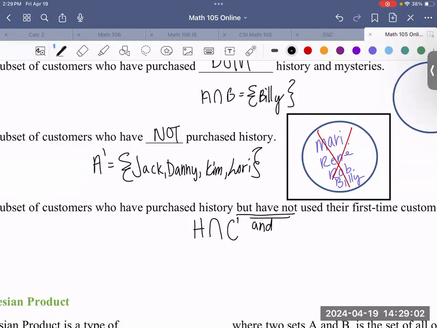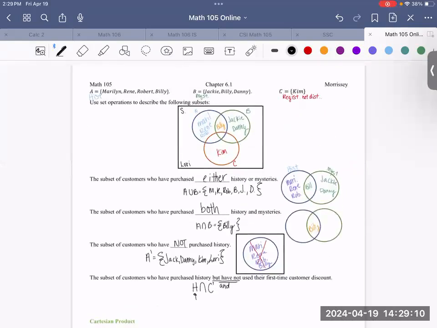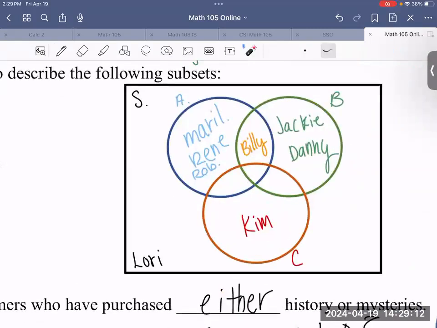So here we're looking for anybody who has purchased history, but not their first time customer discount.